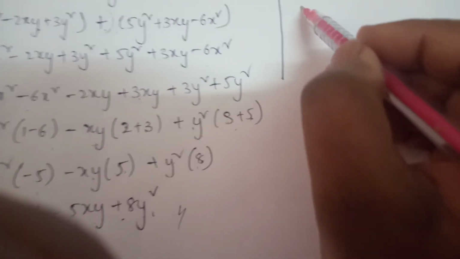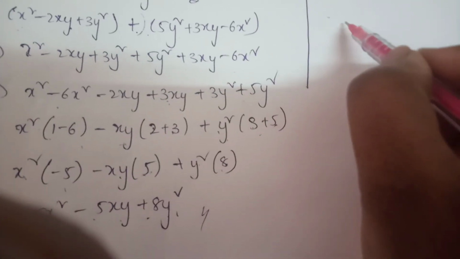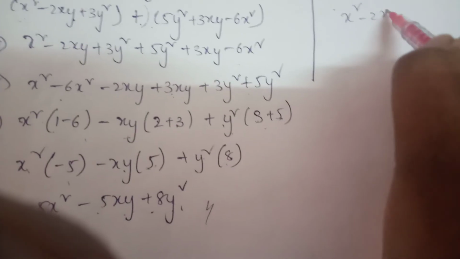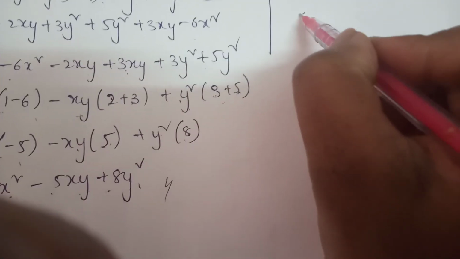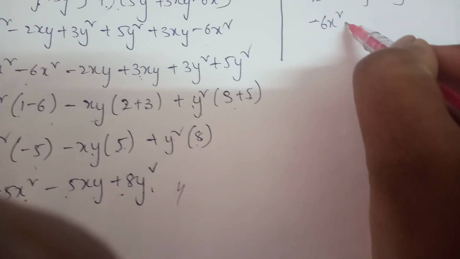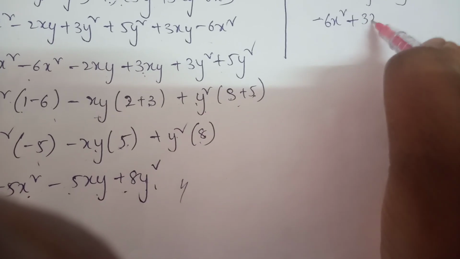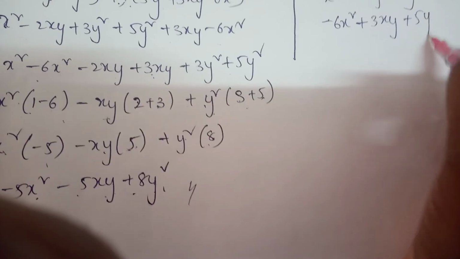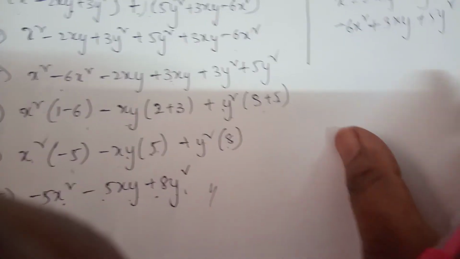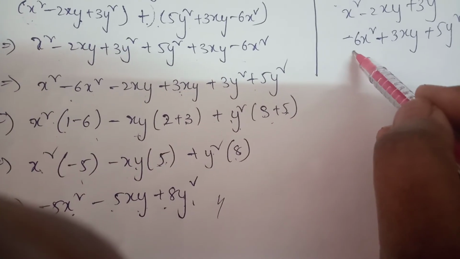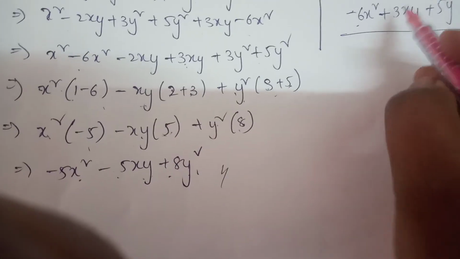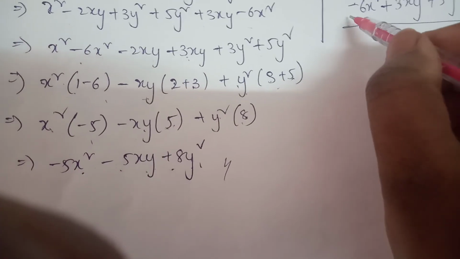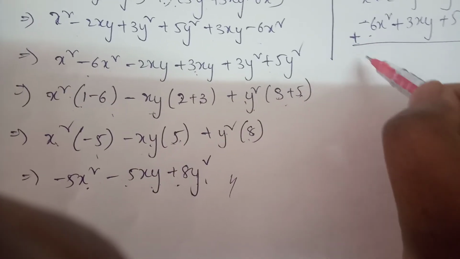Okay, that was the horizontal method. In the vertical method, what is the given expression? First one, x square minus 2xy plus 3y square, and below it minus 6x square plus 3xy plus 5y square. Where the x square term is there, I am going to write down the values. Now here we are going to do addition.